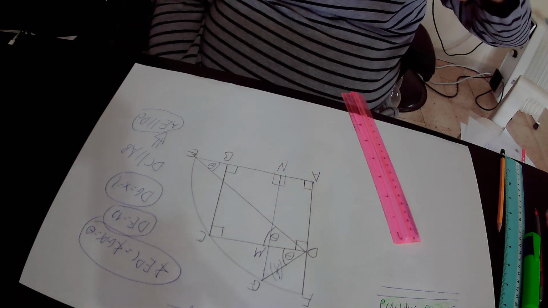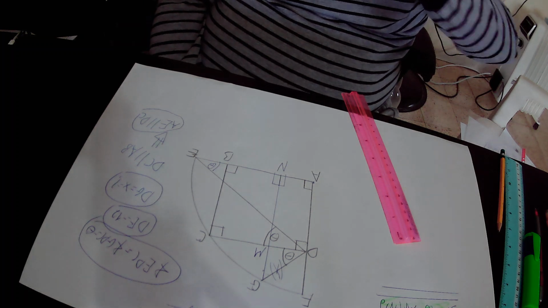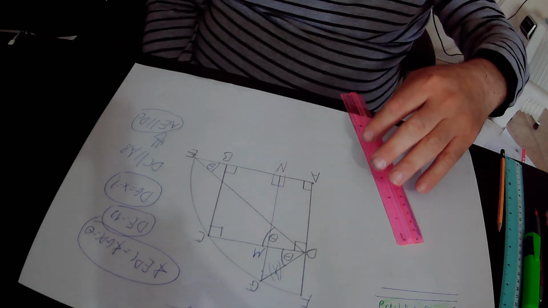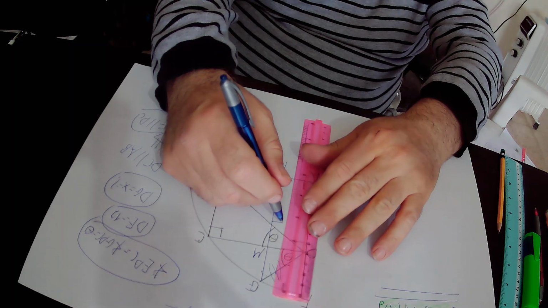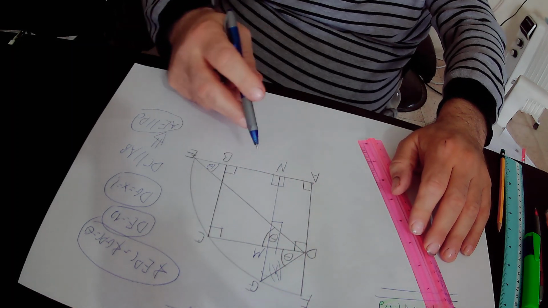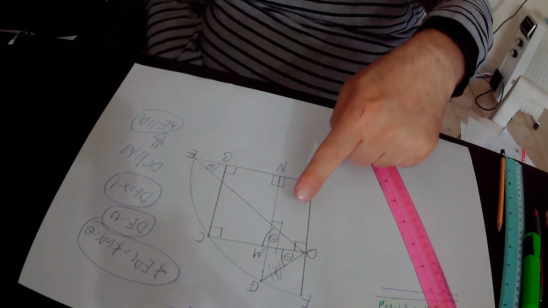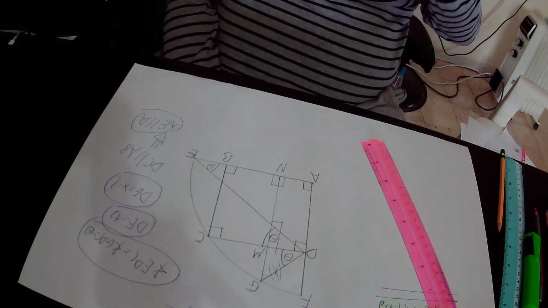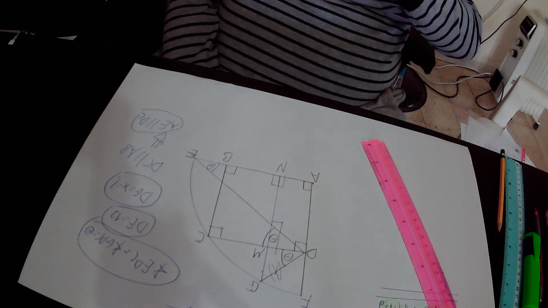By doing this construction, we get the quadrilateral DMAN. Inside quadrilateral DMAN, we have three right angles. The sum of three right angles is 270 degrees. Therefore, this fourth angle must also equal 90 degrees, according to the rule that the sum of the angles in any quadrilateral is equal to 360 degrees.